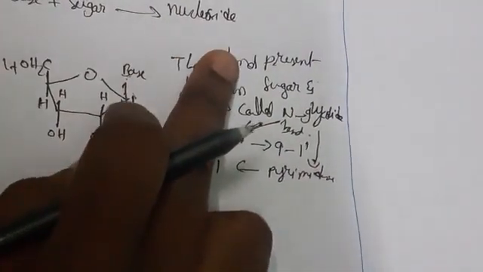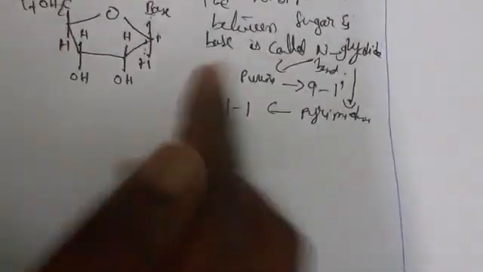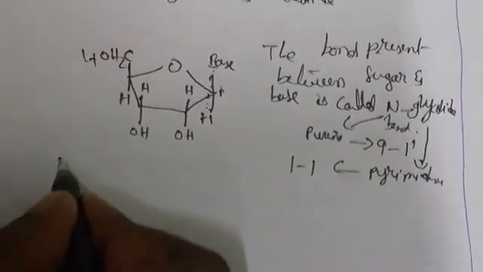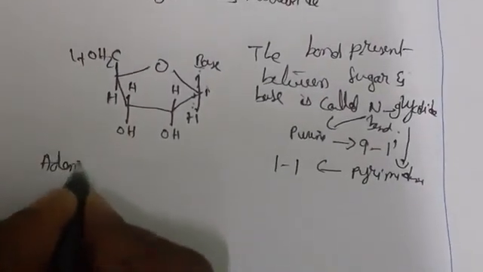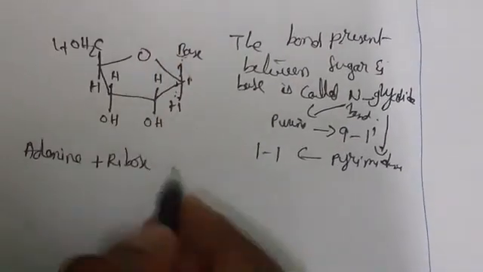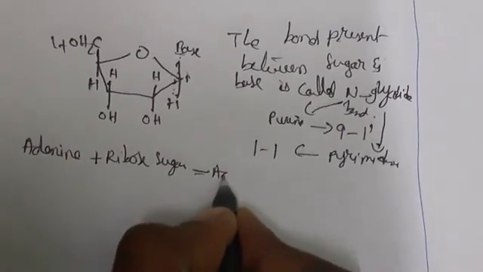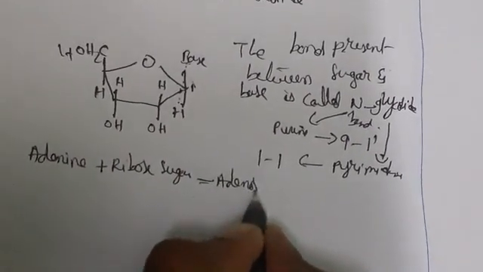There will be names like this. For example, adenine plus ribose sugar gives adenosine.